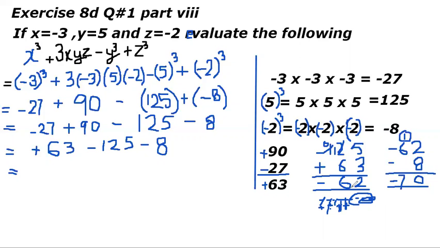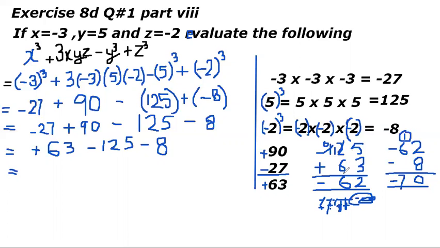We have done a lot of questions of addition and subtraction. I have done a lot of explanation of this addition and subtraction in exercise 8C, and in all the previous questions of this exercise which we are currently doing, exercise 8D, question number 1.